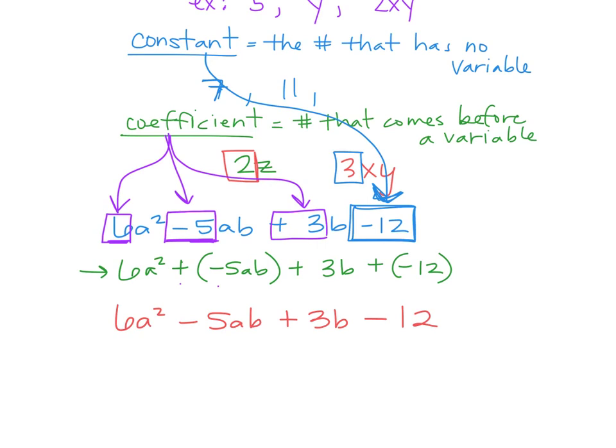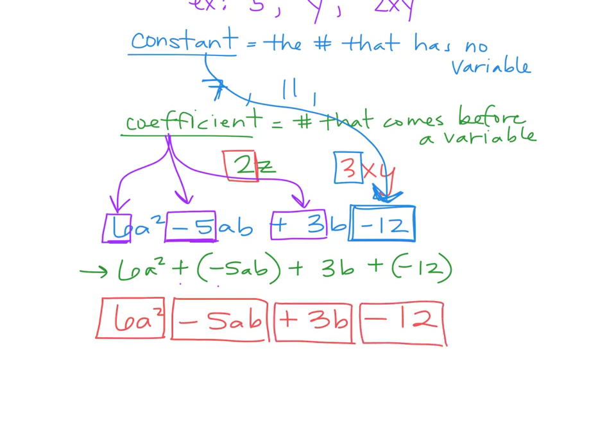It's 4, right. So this is a term, and this is a term, and this is a term, and this is a term. So all of these are terms. So you have 4 terms right now.